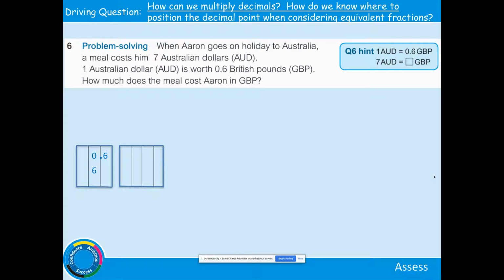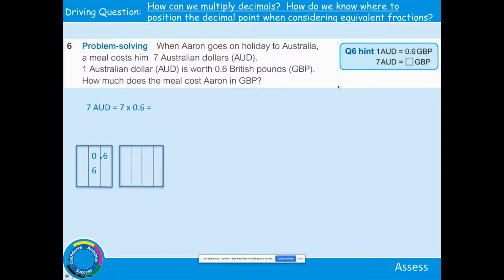Right, okay. Over here we've got a hint. 1 Australian dollar equals 0.6 GB pounds, Great Britain pounds. Okay, so to change 1 to 7 Australian dollars, you need to do 1 times 7. So we have to do 0.6 times 7 on this side as well.